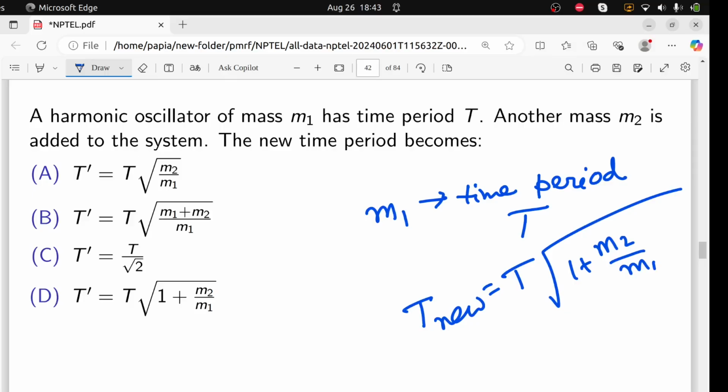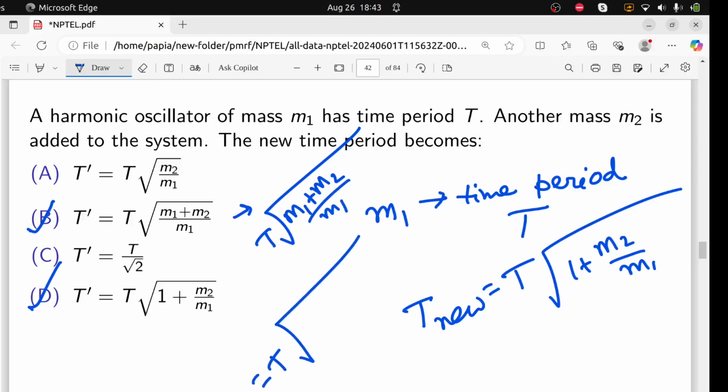Now you can see that this expression is correct, and this expression is also correct. Why? Because this is nothing but T root over (m1 plus m2) by m1, so it is T into root over 1 plus m2 by m1. So this is also equal to this one, so both are correct here.